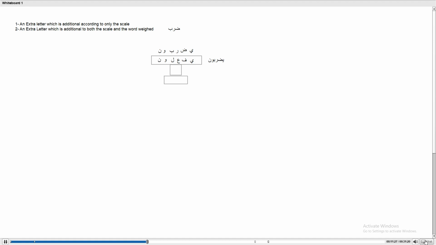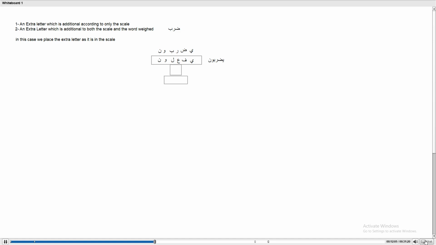Okay? So, when the extra letter is additional to both the scale and the word weighed, in this case, we place the extra letter as it is in the scale. Okay? واضح?